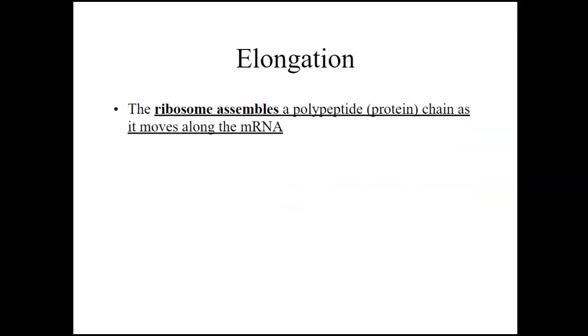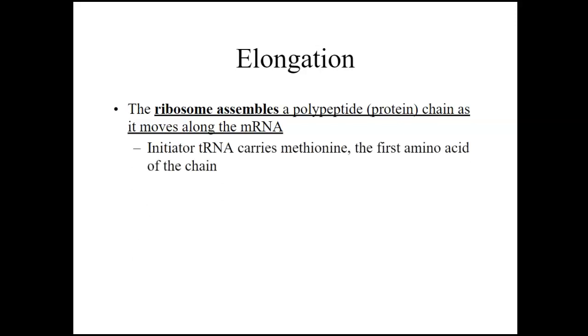Elongation, the polypeptide chain is being formed as the ribosome moves along the messenger RNA. So methionine is the first amino acid in the chain. Codon is AUG.